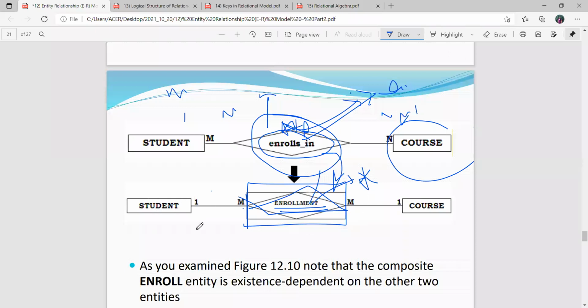In this case, one student enrolled for many courses. So when we consider one enrollment, it belongs to one student. So this is one-to-many. When we consider enrollments, one course can have many enrollments. When we consider one enrollment, it belongs to one course. So this is a one-to-one relationship. So this many-to-many is divided into one-to-many and many-to-one like this.